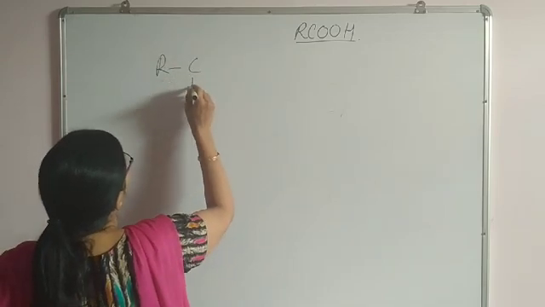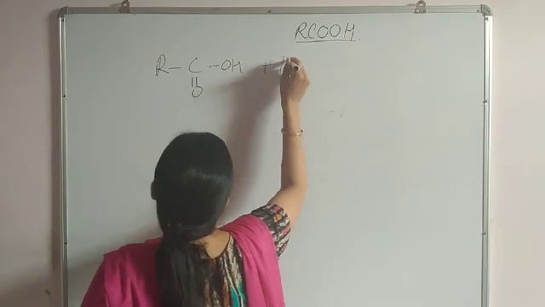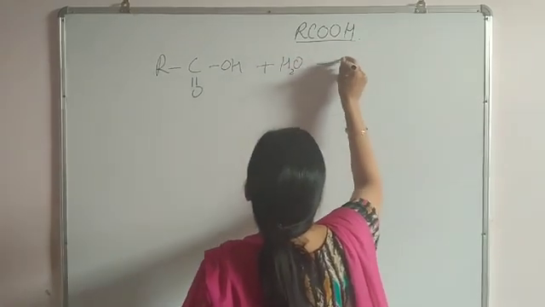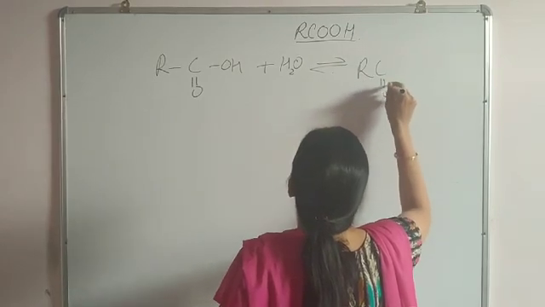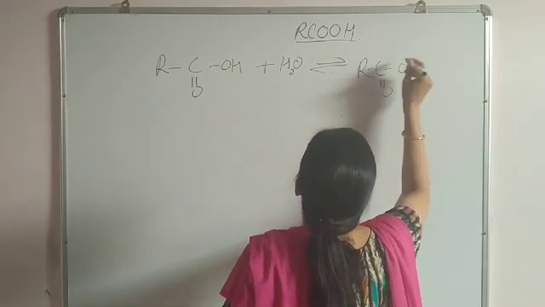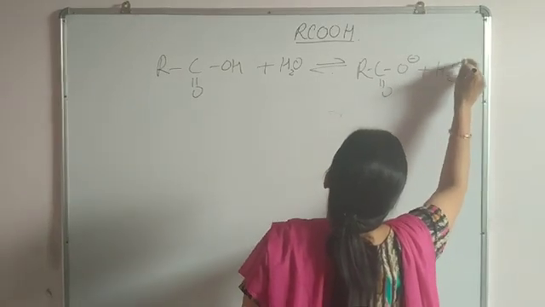RCOOH plus water gives RCOO minus plus H3O plus.